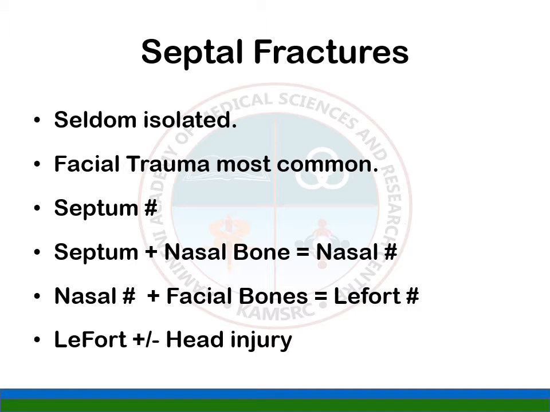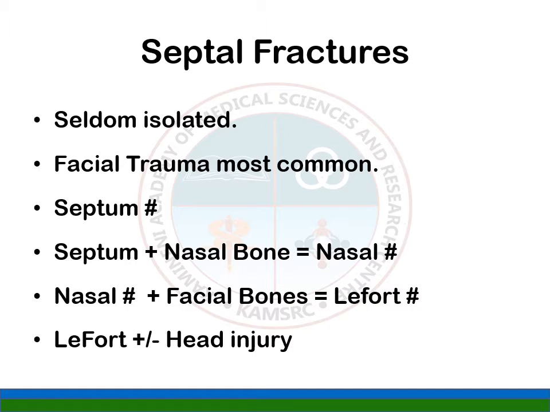It is most of the times secondary to a facial trauma, which can be a road traffic accident or a fall or an injury either by voluntary or involuntary action. So most commonly what we have is a septal fracture.